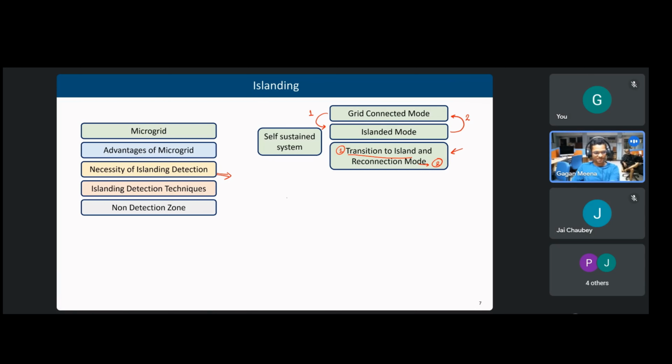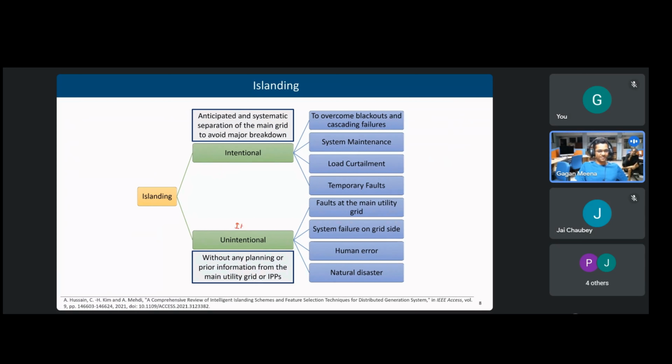These can be due to several possible scenarios, like to overcome blackout and cascading failures. For system maintenance also we do this. Then load curtailment, this is the most frequently used. Whenever the generation is much less than the load, then we have to curtail the load in order to maintain the frequency. Then temporary faults. So all these are intentional islanding, and we have control over these.